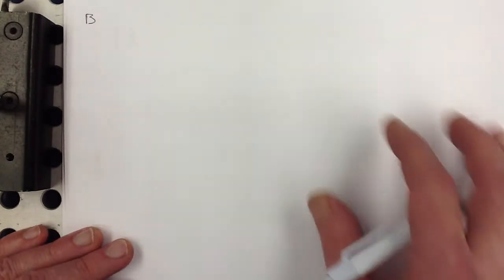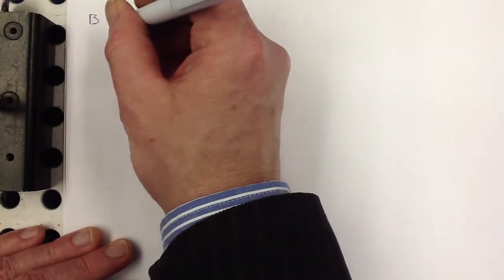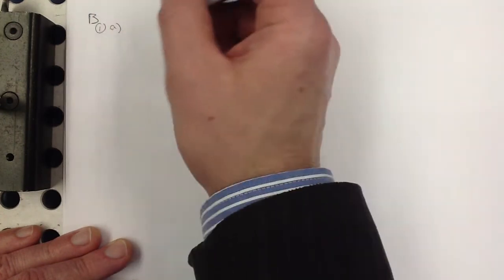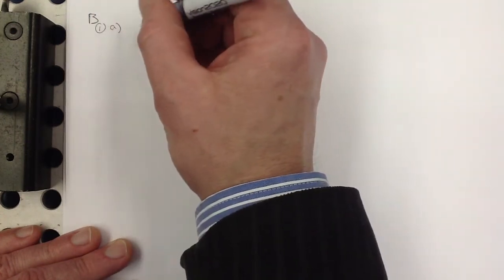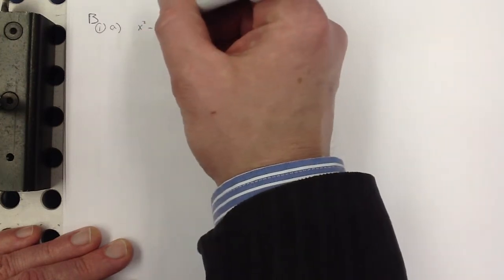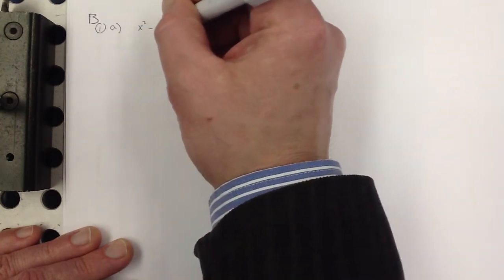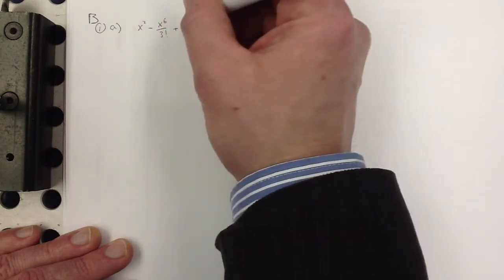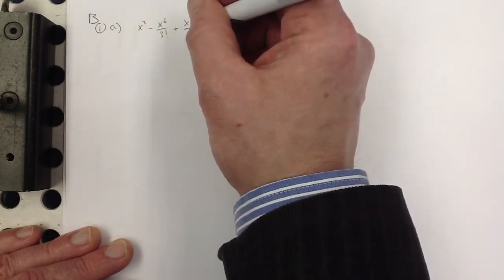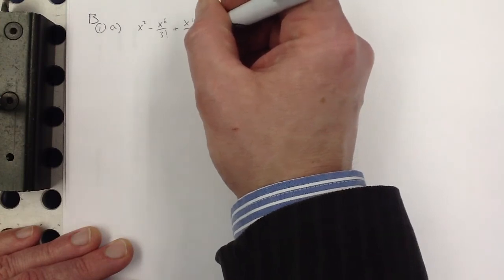All right, so the first thing we should do is find the series for sine of x squared. That's part A of number 1. I'm going to go ahead and just write that down because we've seen this enough. We're just plugging x squared into the sine function, and that is going to double all of those powers.